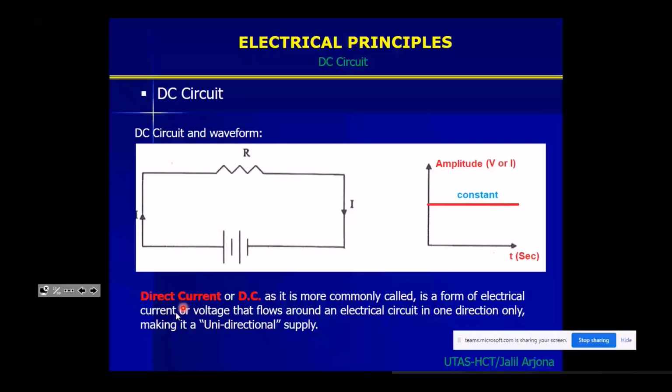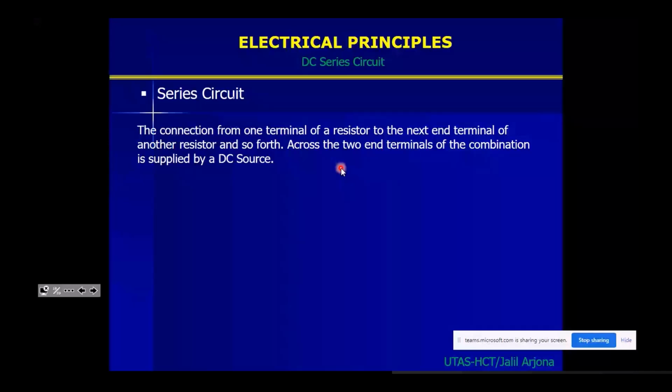Next slide. Under the DC circuit, we have several types of circuit, including the series circuit. So what is the meaning?